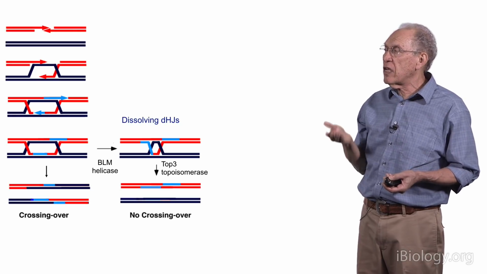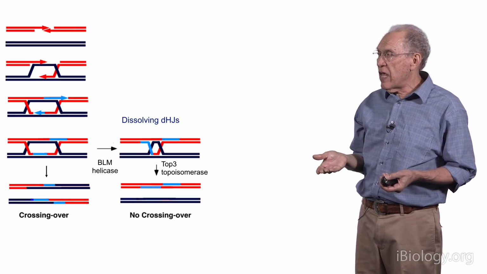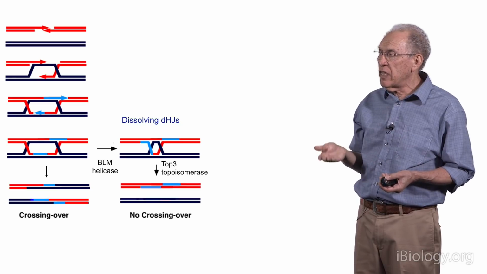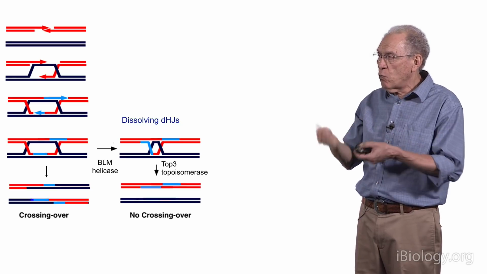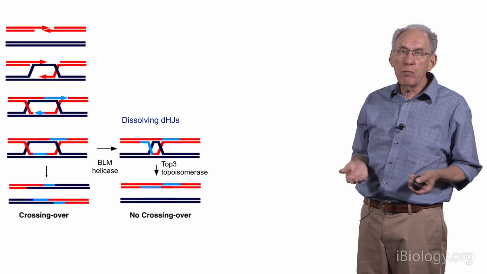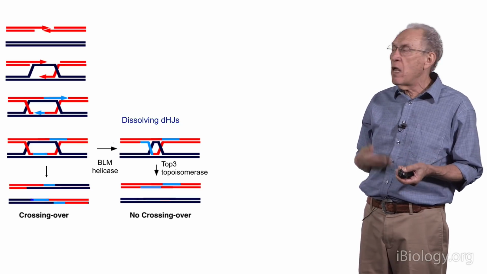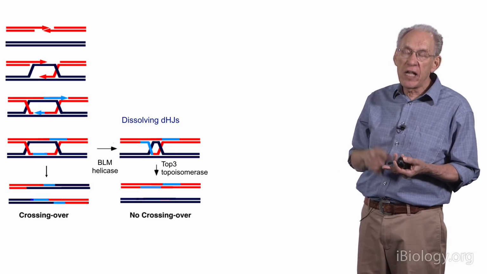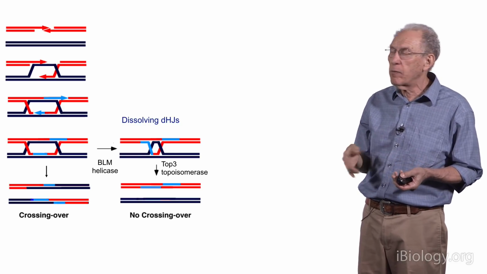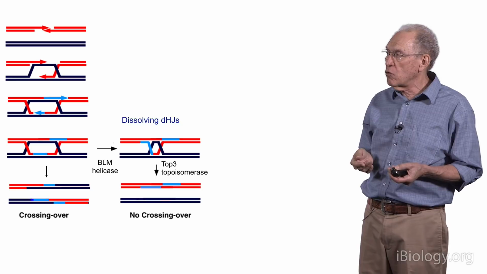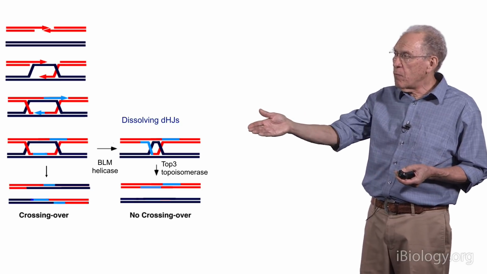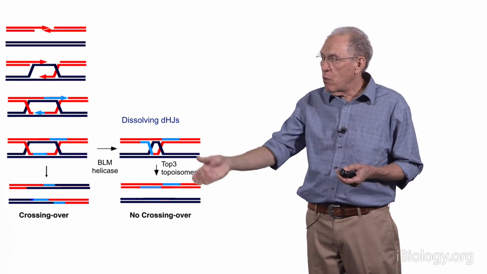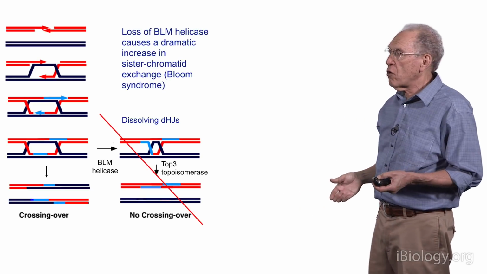And it turns out that a key element in that unwinding process is a helicase, a DNA unwinding protein called the Bloom helicase, which was identified by the fact that individuals lacking this helicase are cancer prone and have many other problems, the so-called Bloom syndrome, which unwinds the structure so that there are no crossovers.